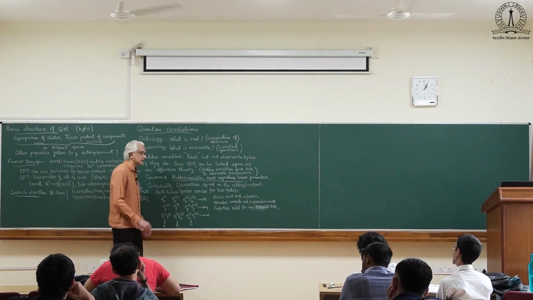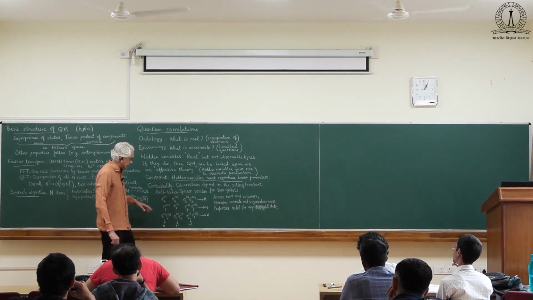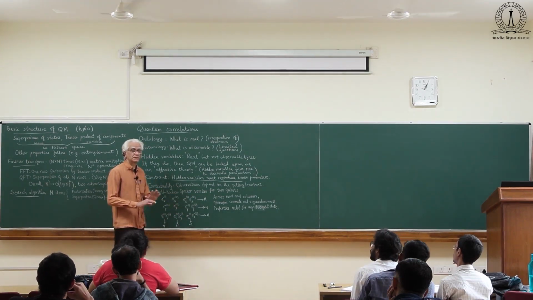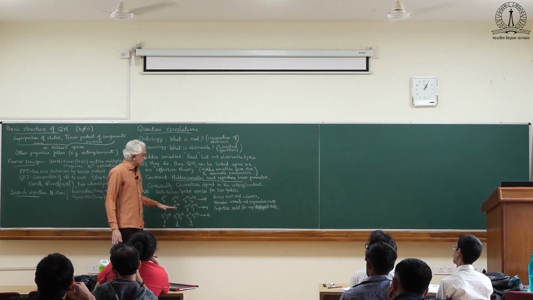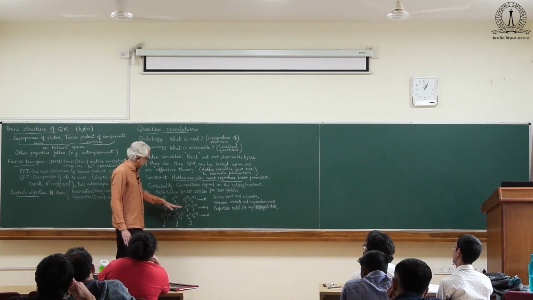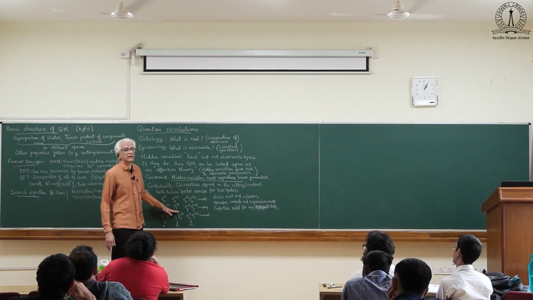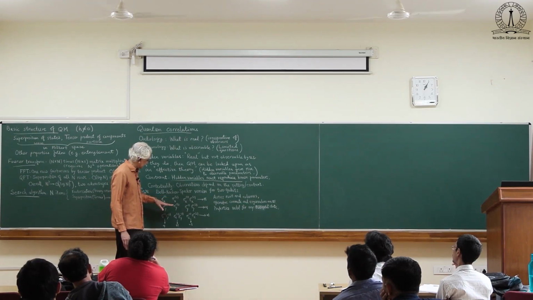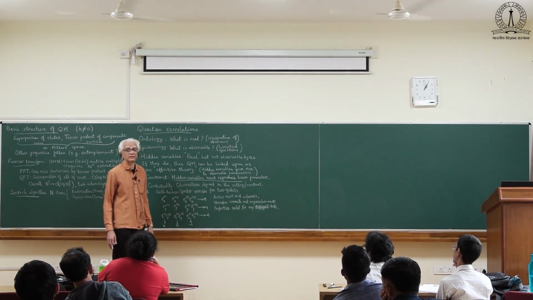And how does that get involved here? I can certainly measure one row or one column, no problem about that. But if I measure this, then I cannot simultaneously measure that, because what is inside here doesn't commute with what is inside that.